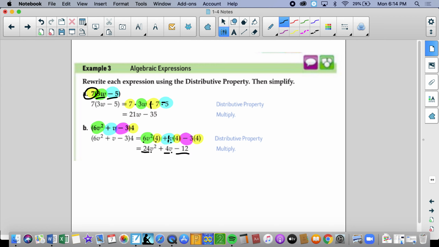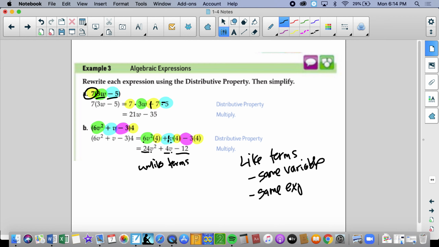These cannot be combined because they are unlike terms. Unlike terms. Like terms have the same variable to the same exponent.